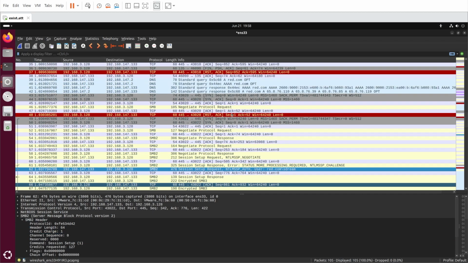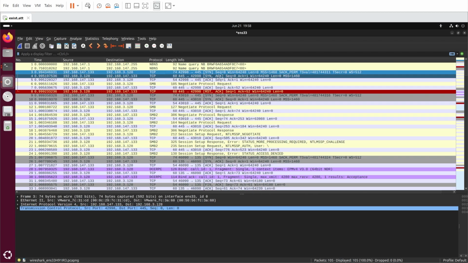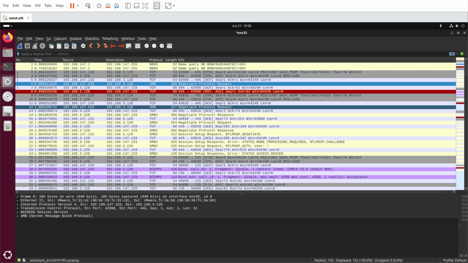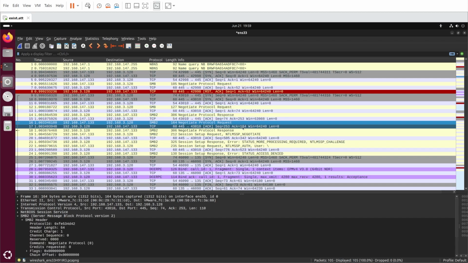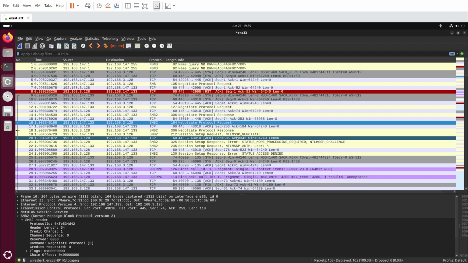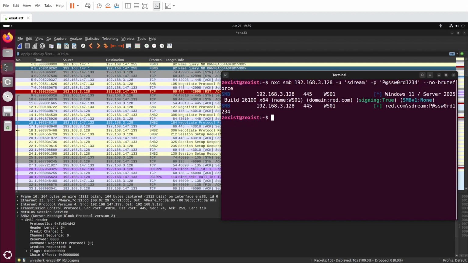We can still see multiple requests and multiple responses, and it looks similar to NetExec without brute force. There is no difference at the protocol authentication level between brute force mode and non-brute force mode. Simply put, the difference is not in the SMB authentication mechanism layer.